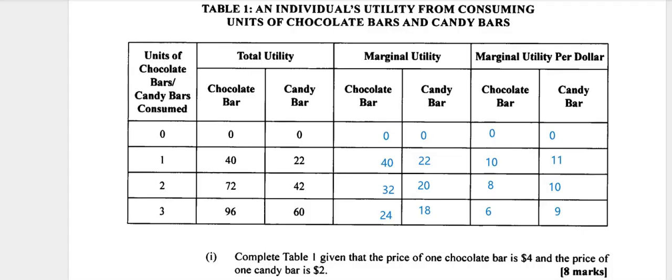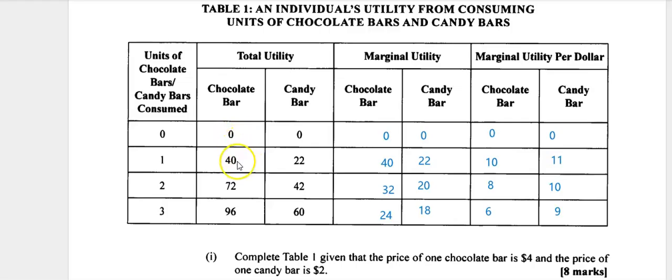All right, so we will notice that here the change in these quantities is 1, right? 0 to 1, 1 to 2, 2 to 3. All those changes are 1. So technically, we just want the change in the total utilities.